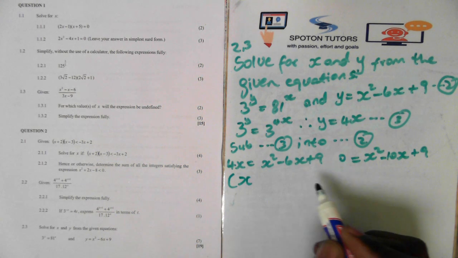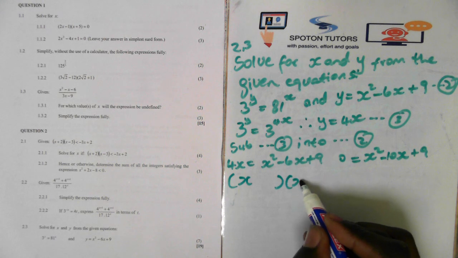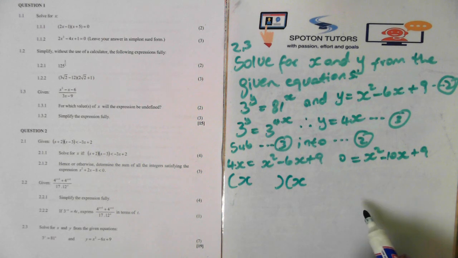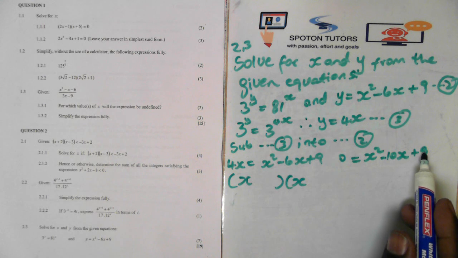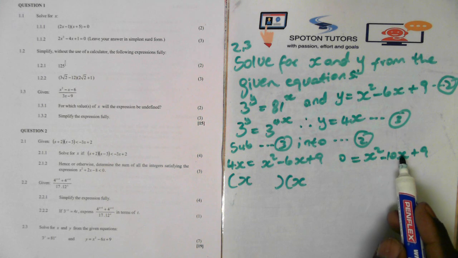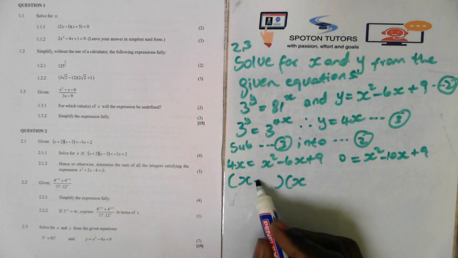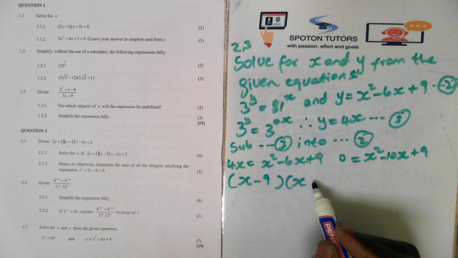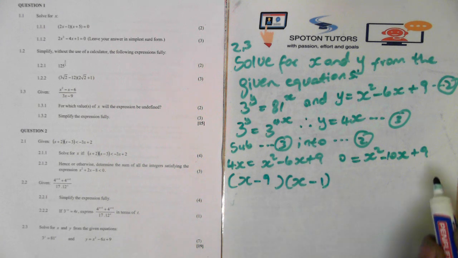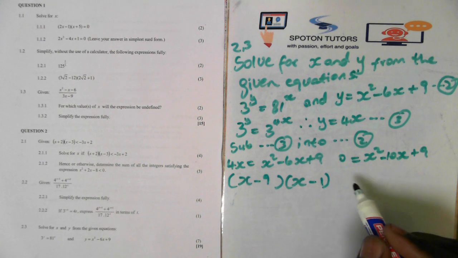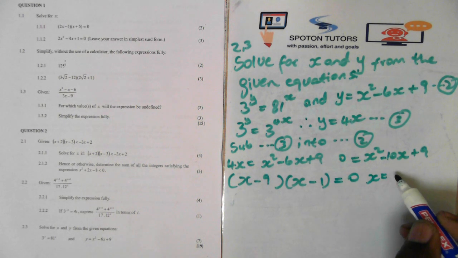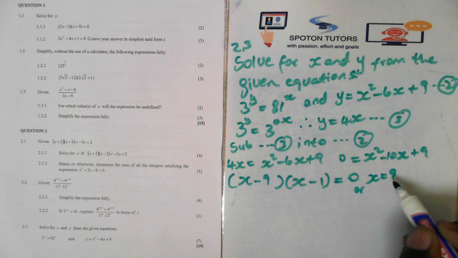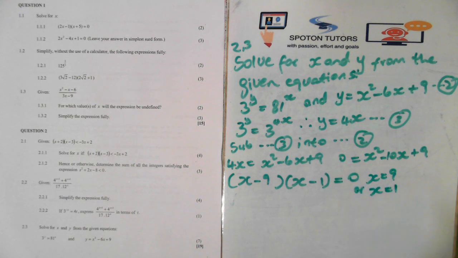Factors of x squared are x and x. Factors of 9, which must give you a 10, are 9 times 1. This 9 is positive. Factors of this number, which is positive, to give you a negative middle term, must both be negative. So it's negative 9 times negative 1. Those are the factors which will give you the middle term, and it must be equal to 0. So what does it say? It says x is equal to positive 9 or x is equal to positive 1.